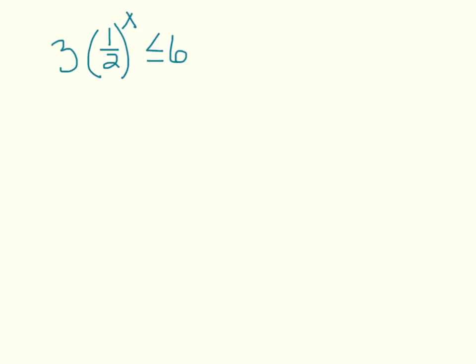Alright, for this next example, we are going to find where 3 times 1/2 to the x power is less than or equal to 6. So in y1, we're going to put 3, parenthesis, 1 over 2, close it, raise it to the x power. And in y2, we're going to just put 6, and then graph it and look at it.